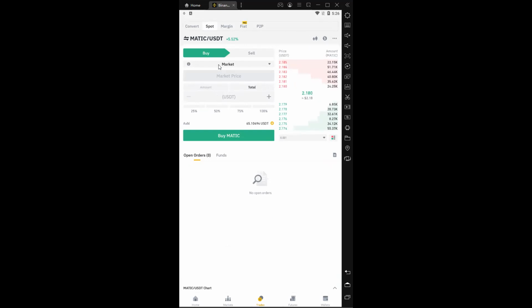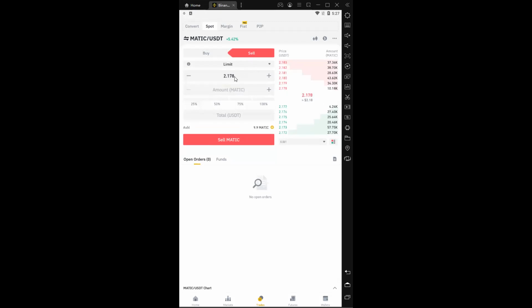So the limit and the market price, I've explained that. The stop limit and the OCO work for your sell order. When you want to sell, you can decide to sell at the current market price. So I press 100%, I'm selling off all that I have at that price. Or I can place a limit of where I want to sell it. So I want to sell this coin when it is $3.